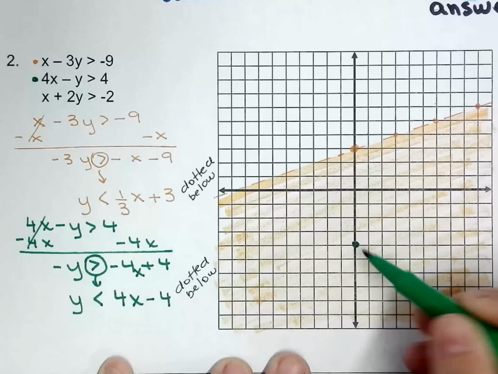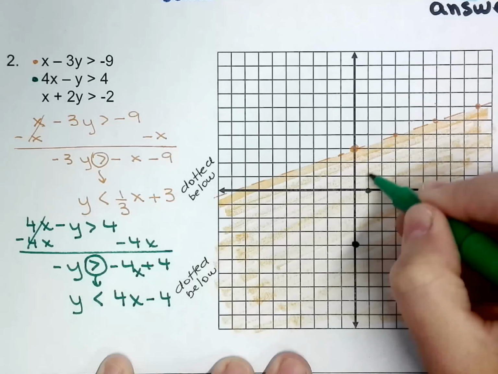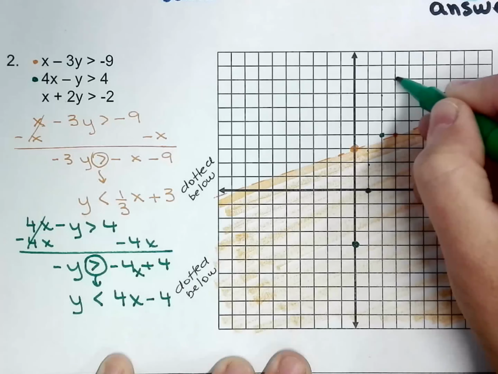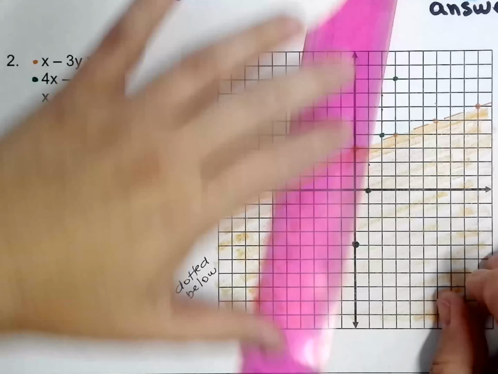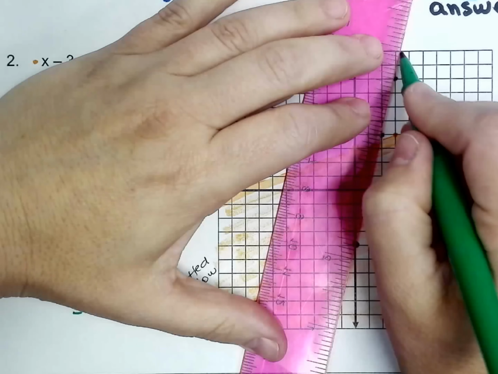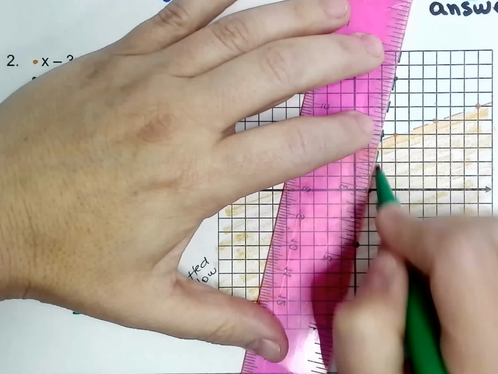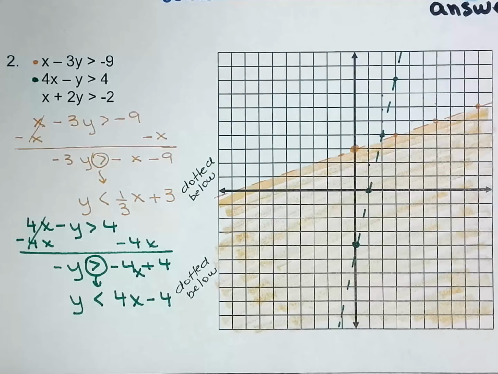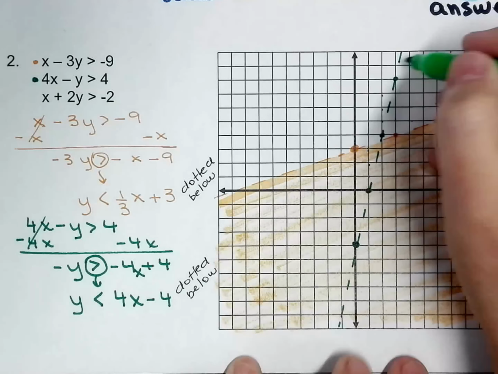So start at negative 4, go up 4/1. Shade below.